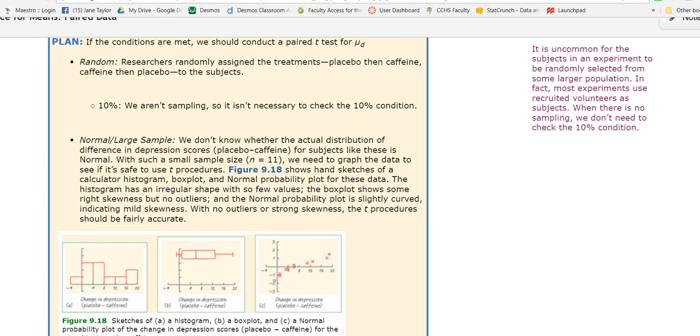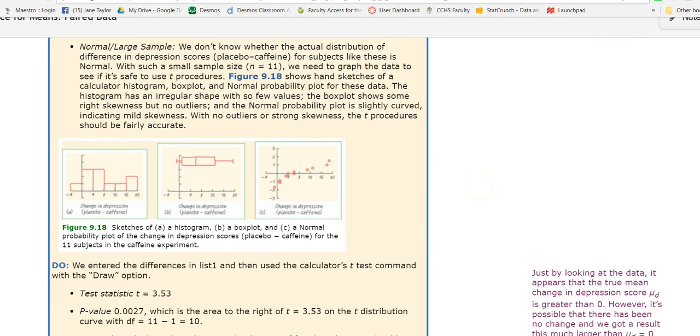Now, we do have to check. We have a very small number. We don't know whether the actual distribution of people that are caffeine dependent and their depression scores would be normally distributed. So we do have to check on the calculator for this condition.